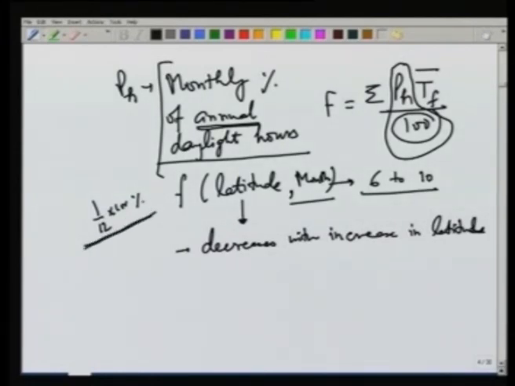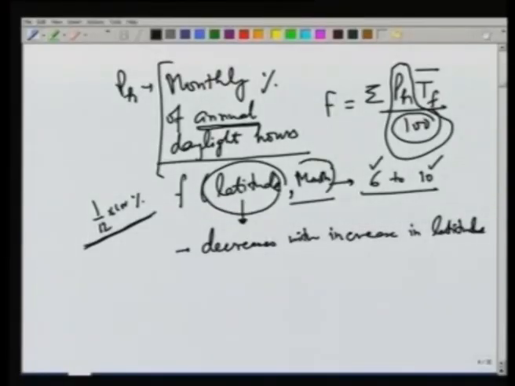So, 8.33%, that would be if the sunshine hours are uniformly distributed throughout the year, then each month will have about 8% of the annual sunshine hours. But since sunshine hours vary with month, some months will have a smaller value than 8, some will have a larger value than 8. So, typically it will vary from 6 to 10 depending on the latitude and the month.